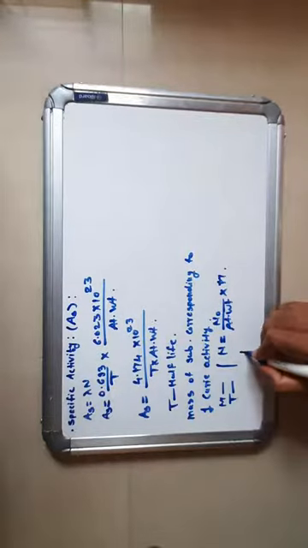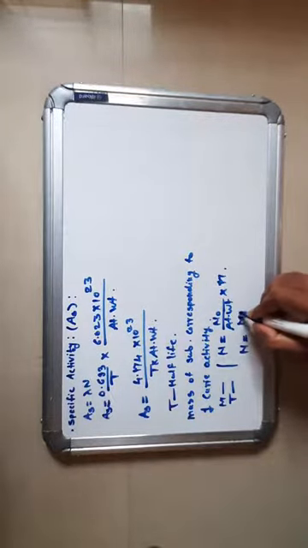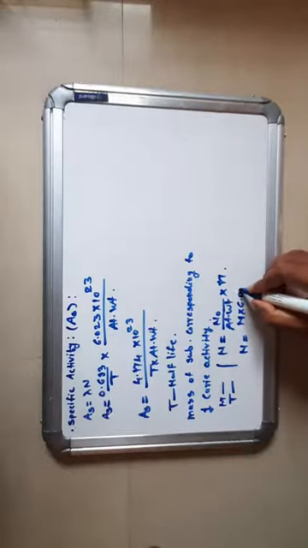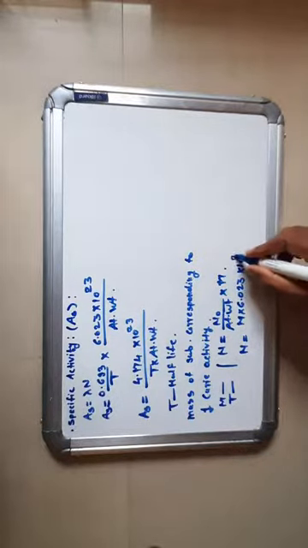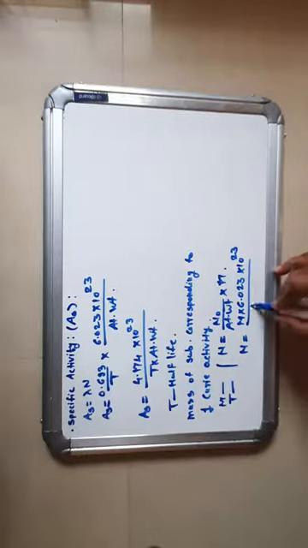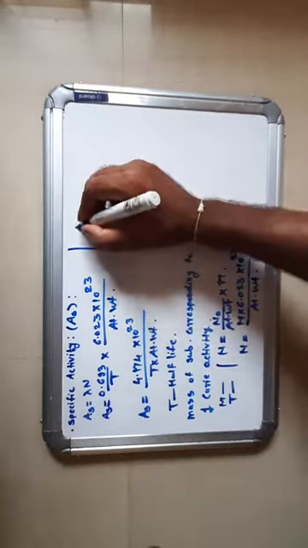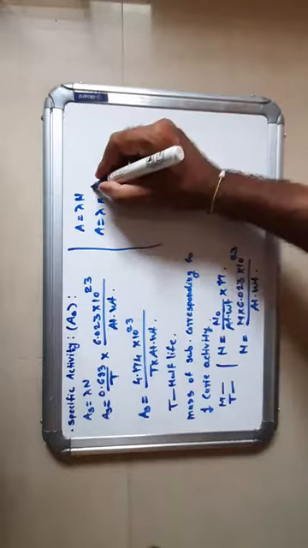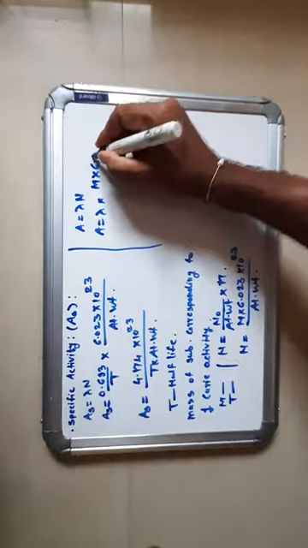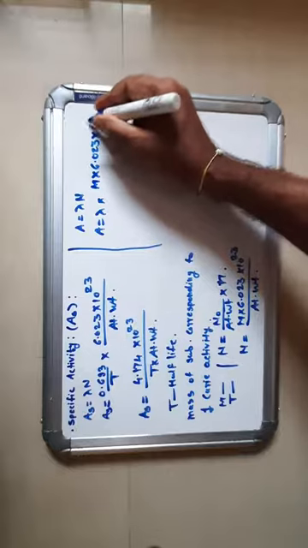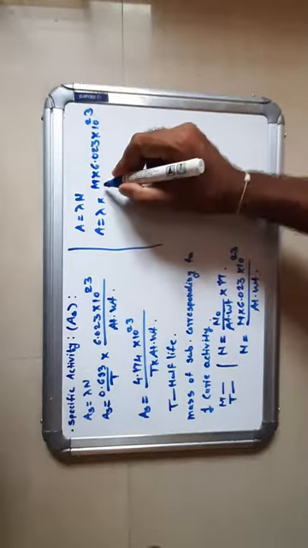Then N is equal to capital M into N naught, 6.023 into 10 raised to 23, divided by atomic weight, right? Then the activity of this substance is A is equal to lambda N, so A is equal to lambda into M into 6.023 into 10 raised to 23 divided by atomic weight.